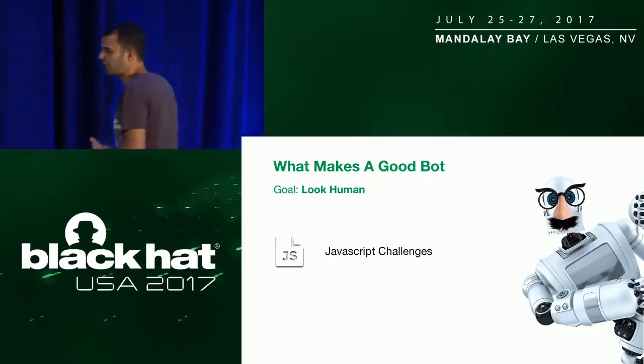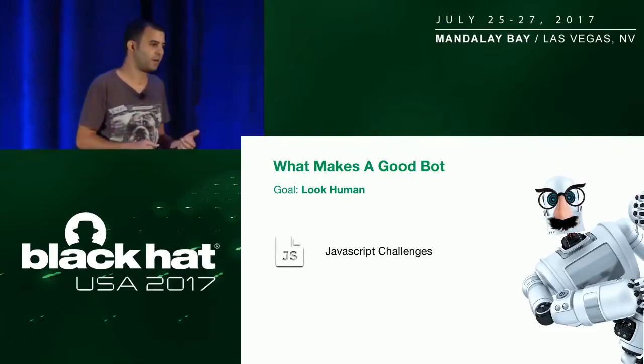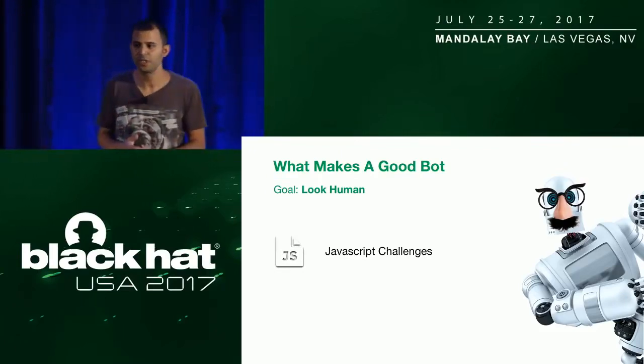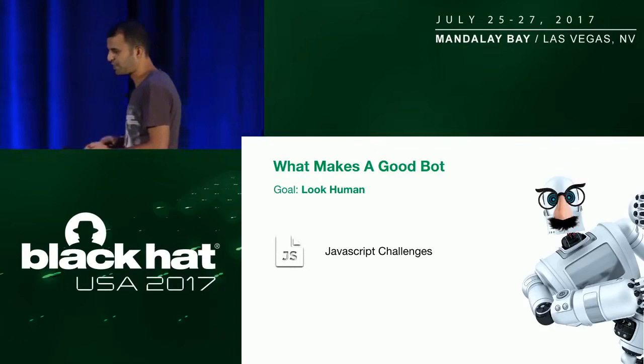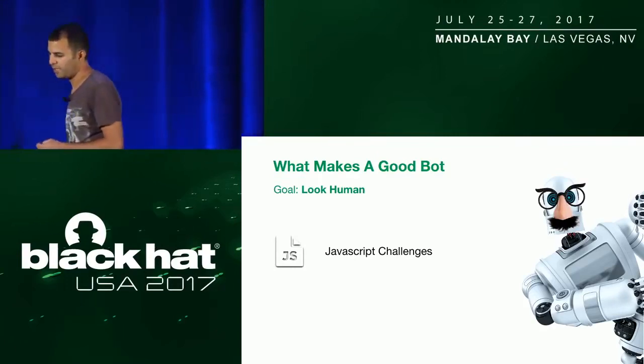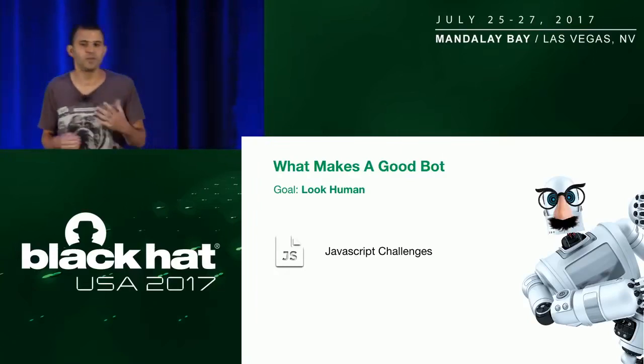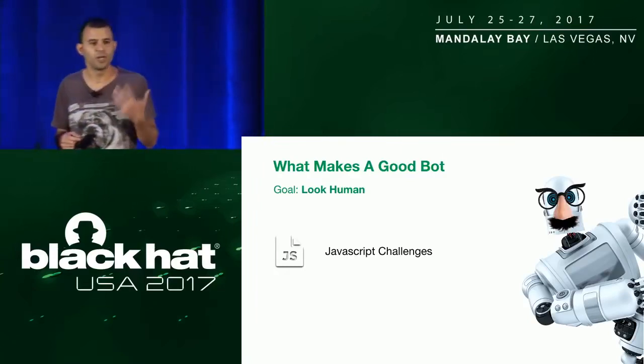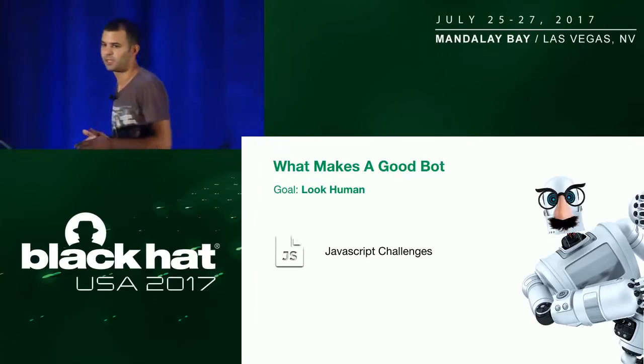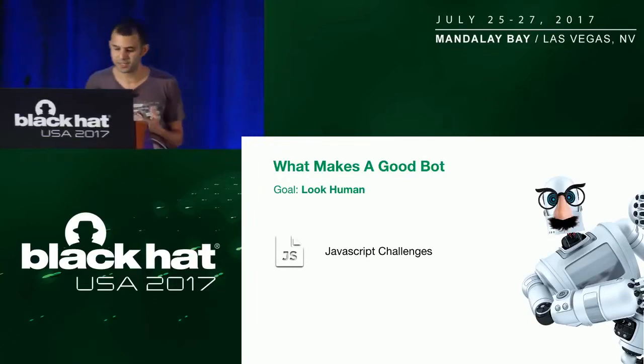For example, if I'm claiming that I'm running Chrome in some version, there are specific JavaScript challenges that can be given to this client, and if he's not a real Chrome browser, the odds are that he will not succeed.